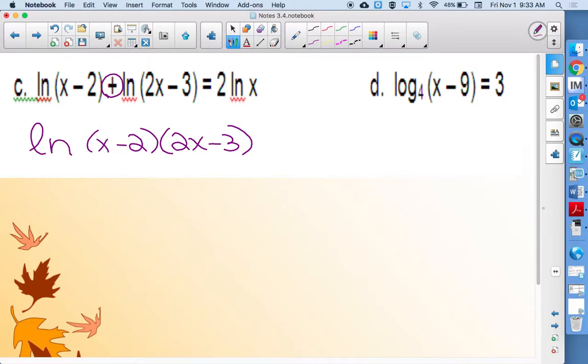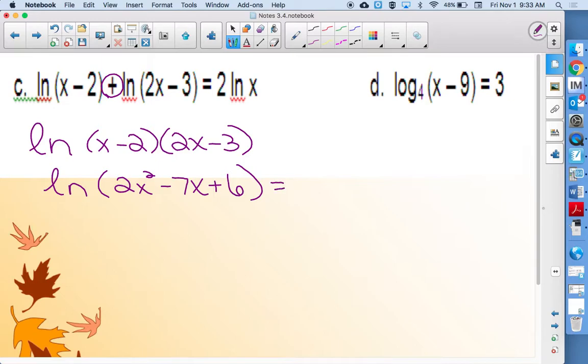So addition, condensing it becomes multiplication. Brenton, what does that FOIL to be? 2x squared minus 7x plus 6. And I'm putting parentheses around that because all of that is still attached to that single natural log.